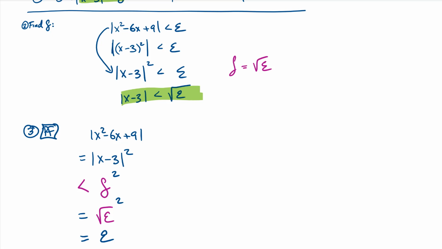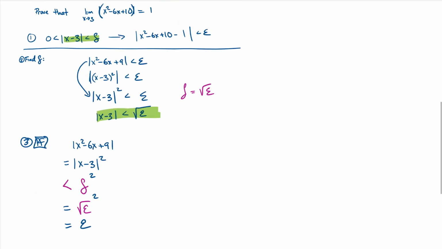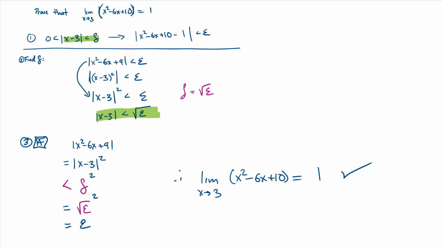So we just showed that the difference between f of x and our L is less than epsilon as long as we have delta equal to the square root of epsilon. Therefore, the limit as x tends towards 3 of x squared minus 6x plus 10 is absolutely equal to 1.